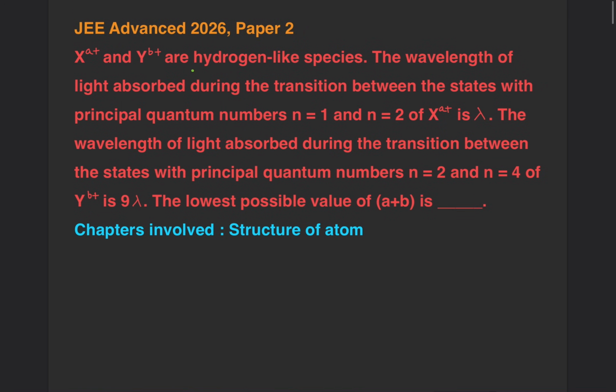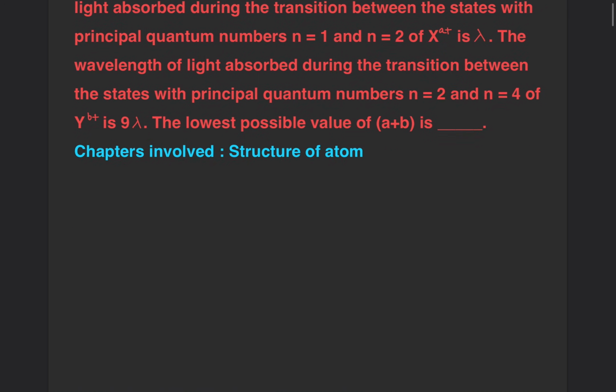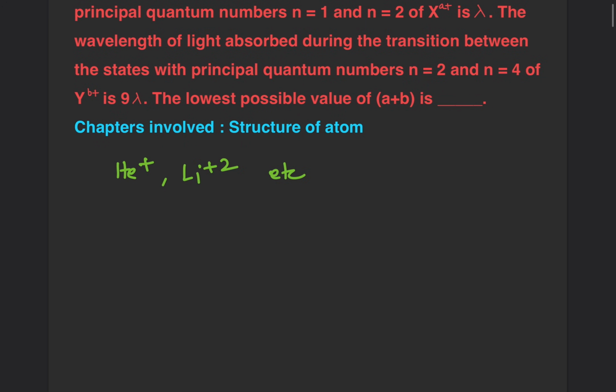So H-like species, since they have mentioned, are species like He plus, Li plus 2, etc., which contain one electron. So the criterion is they should contain one electron.